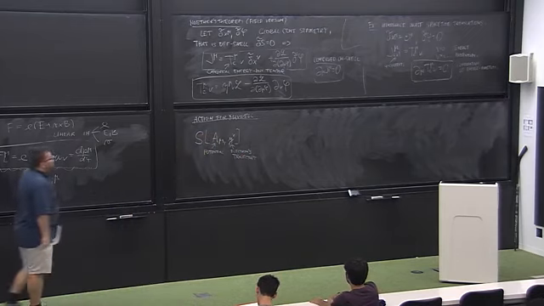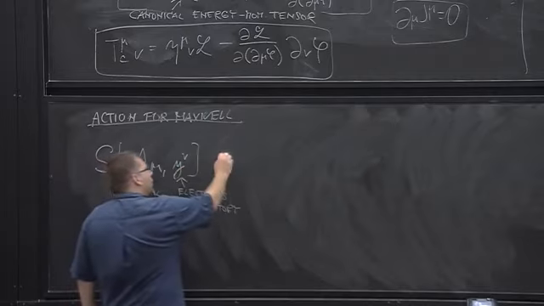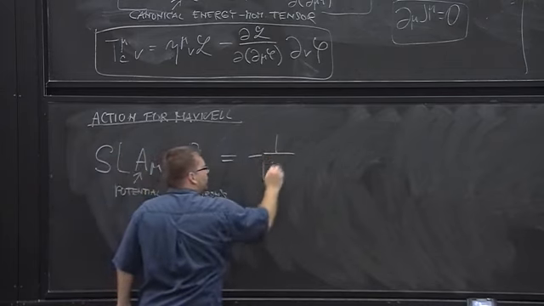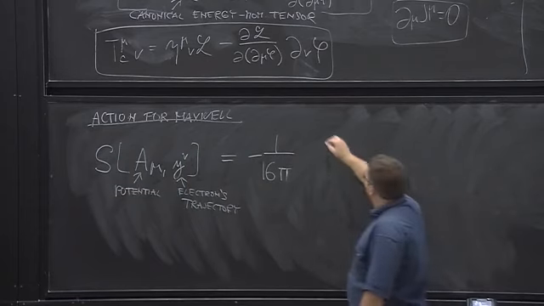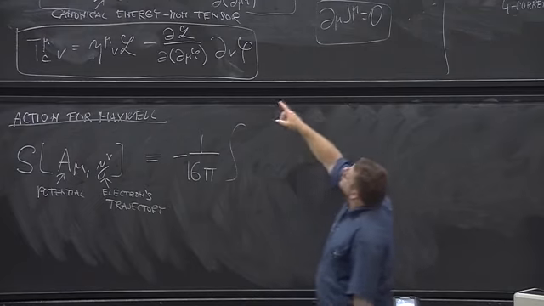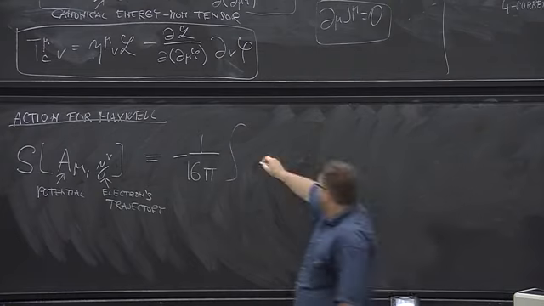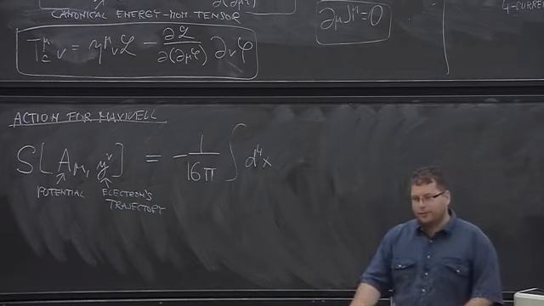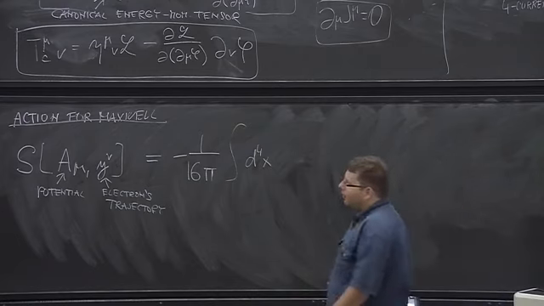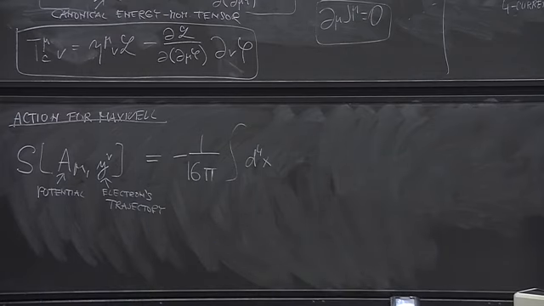Okay, so now what is this? I'll write down the result. So it's 1 over 16 pi, why not? Then you want to write down this Lagrangian density. You want to write d4x, and then the corresponding Lagrangian density for the Maxwell field. Well, if you studied electromagnetism, you know that the energy is something like E squared minus B squared.